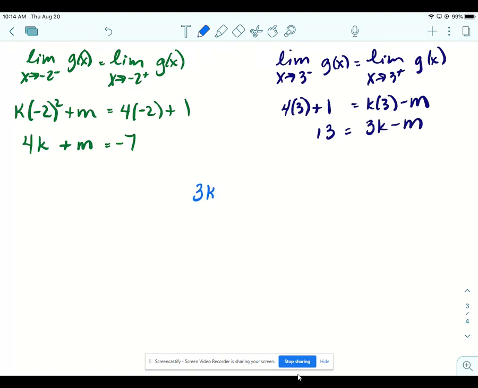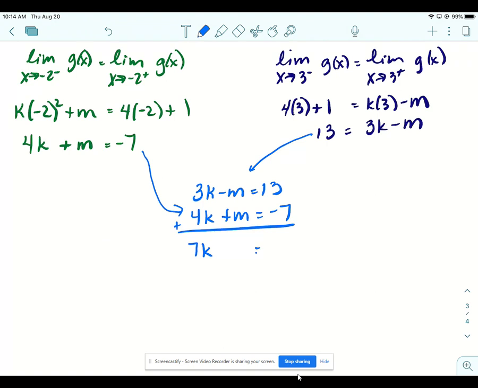So I'll take this one and bring it over. All right, and then bring this one. It doesn't matter what order you write them in, just line up the like terms. All right, and so because my m's are already opposites, if I just add these equations together, the m's will be eliminated.